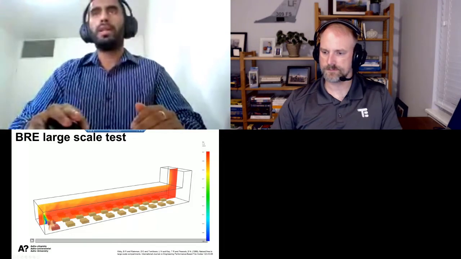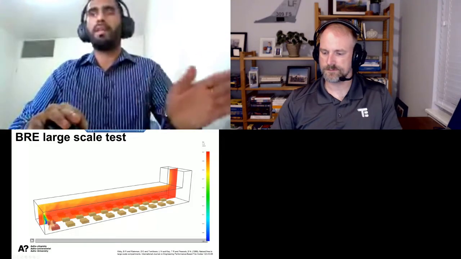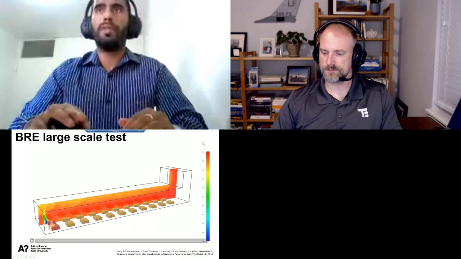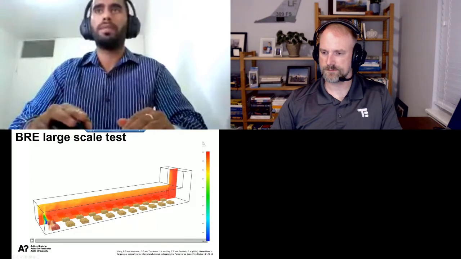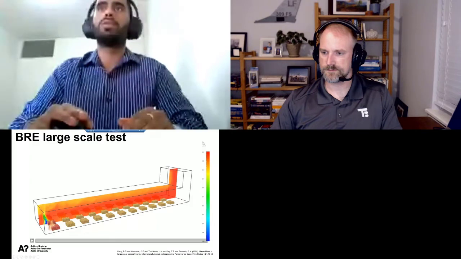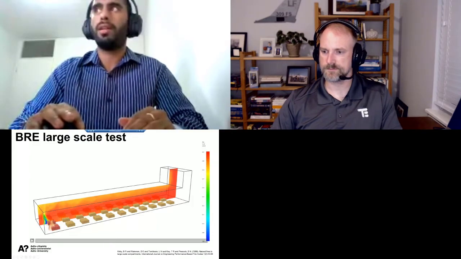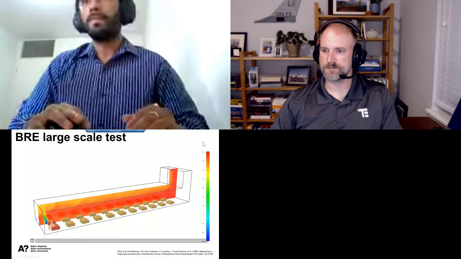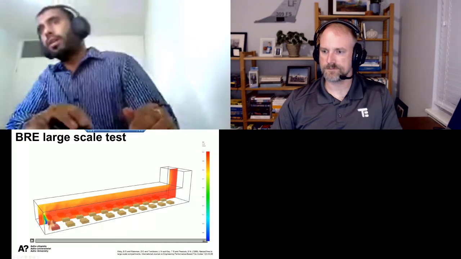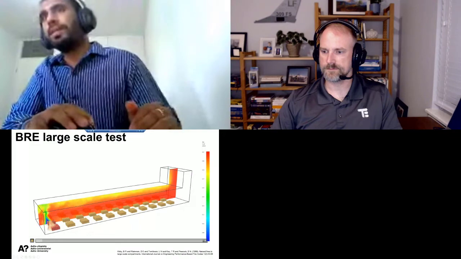They ignited the first row and let the fire develop naturally. The left end of the compartment, the one I'm showing with the mouse pointer, is closed, and the other end is open to the ambient.